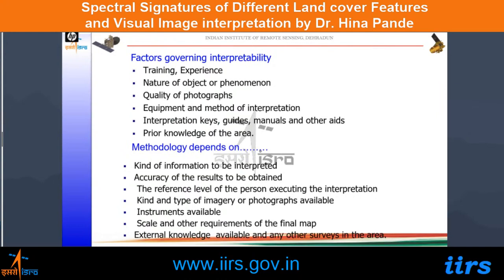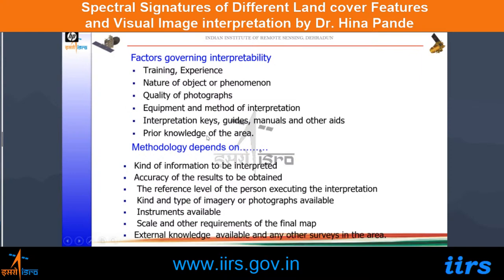Right? So the factors that will govern interpretability would be the training and experience of the interpreter, what object or phenomena we are trying to study, quality of the input data, that is the photographs and images, the equipment and method of interpretation, and what a priori information in terms of interpretation keys, etc., that we have at hand.